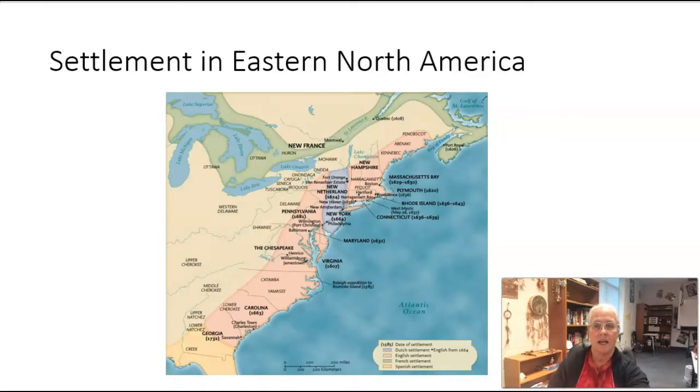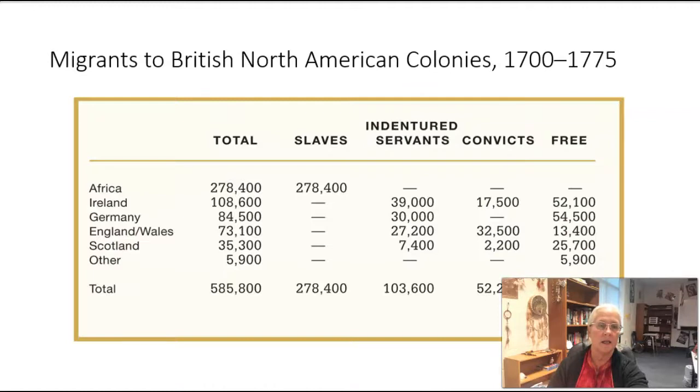Now, I want to change the slide here so you can see the new influx of what North America looks like. With this particular graph, you can see that there are people from Africa, Ireland, Germany, England and Wales, Scotland, and other parts.